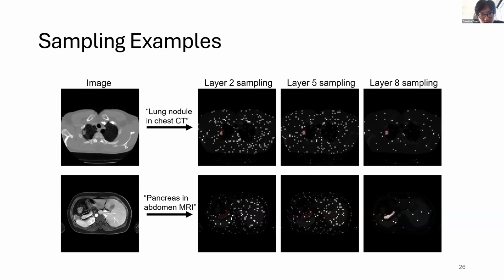But in the middle layer, one of the samplings hits this target, and very quickly the model can pick up the relevant information and know, okay, this is where I should go, because the distribution is learnable. In the later layers, the model is quickly able to concentrate all this sampling into these foreground regions to get more information.